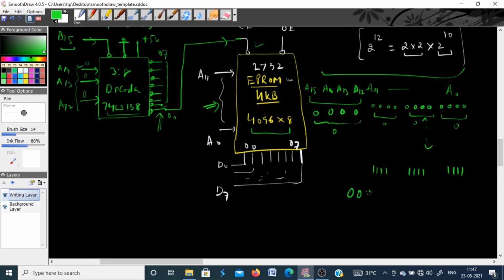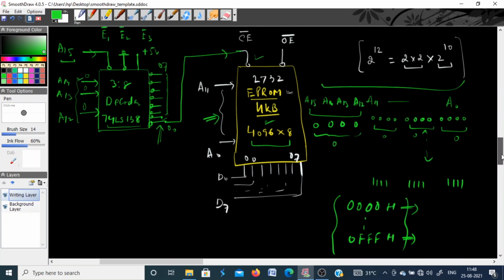So it will range from 0 0 0 0 H up to 0 F F F H. Here there are 4096 locations, the starting address is this and the ending address is this. Again, you can change this address.